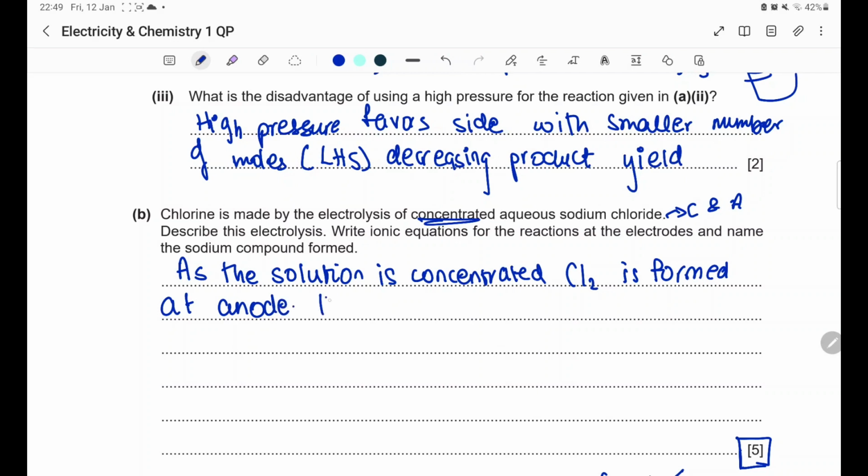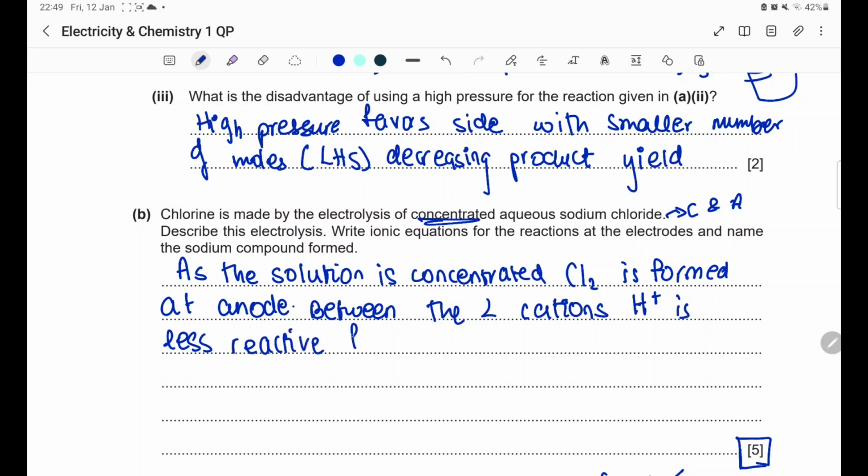Then you can write between the two cations, H plus is less reactive, forming hydrogen gas, or I'm just going to write H2, at the cathode.